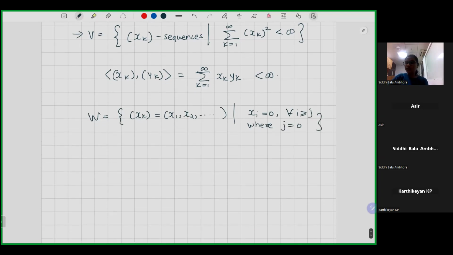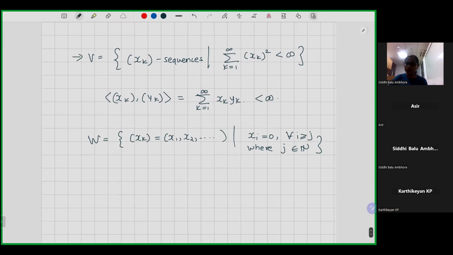So it is the set of all sequences where the tail of the sequence is constant equal to 0. That is, a sequence like 1, 1/2, 1/3, 1/4, and after 5 everything is 0. Or 1, 1, 1, 1 up to 100 and everything else is 0.